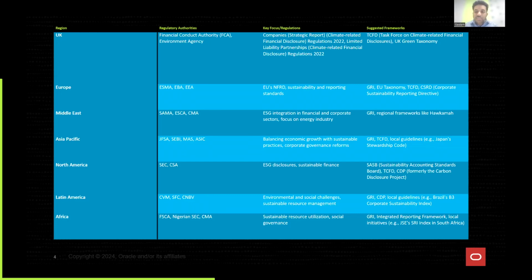But one thing that remains common in this chart is that under the suggested frameworks, the terminology GRI, which stands for Global Reporting Initiative, repeats across the different regions. So it's more like a generic framework that companies can adapt to make sure they have a framework to submit their numbers by the end of 2024 or the beginning of 2025, to be in compliance with the various legislative frameworks set by the different regulatory bodies.